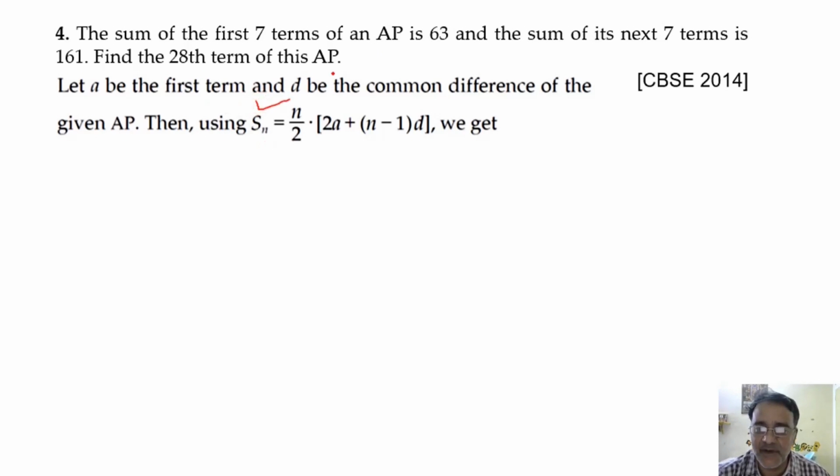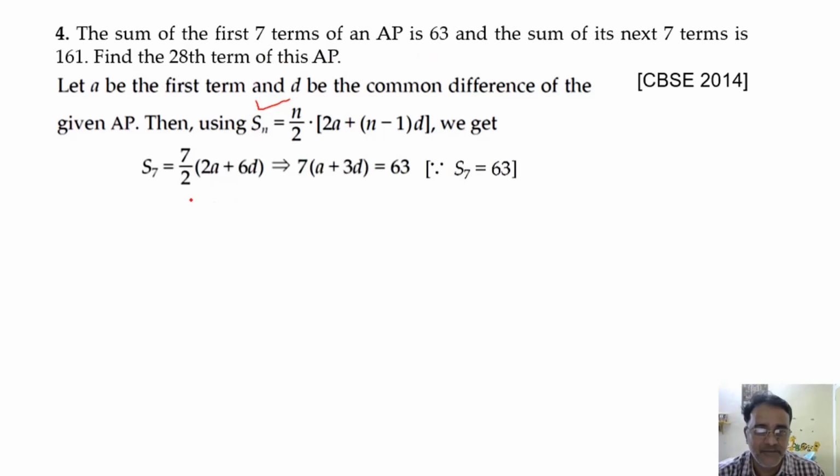Using this formula, S7 is 7/2 into 2a plus 6d. Dividing both sides by 2, we get a plus 3d. Again, dividing 63 by 7, we get 9. So a plus 3d is equal to 9. Let it be equation number 1.